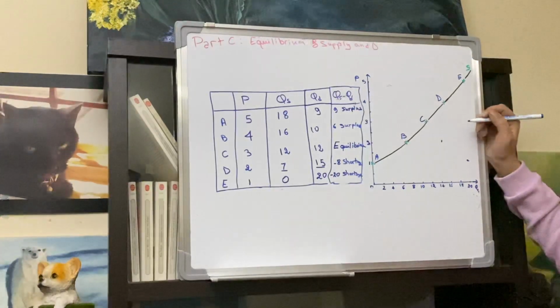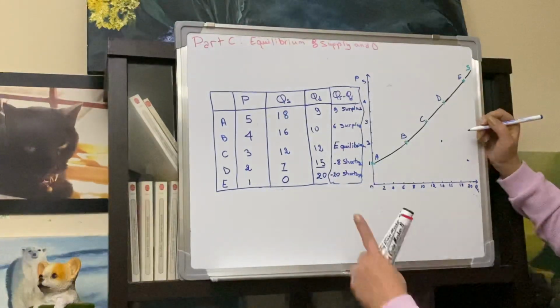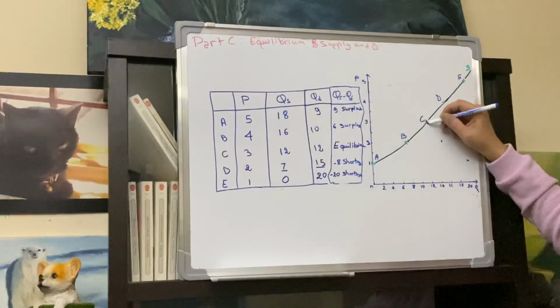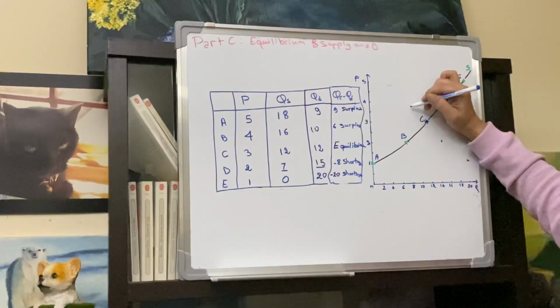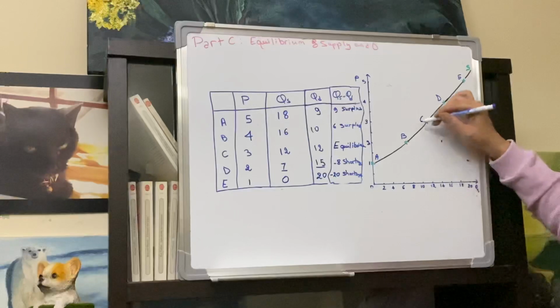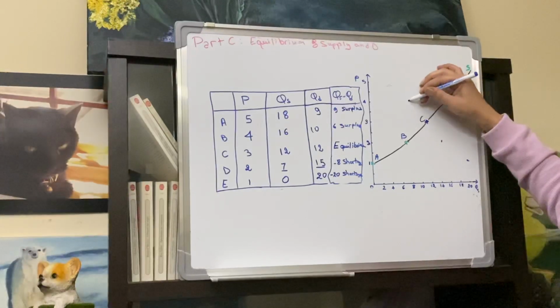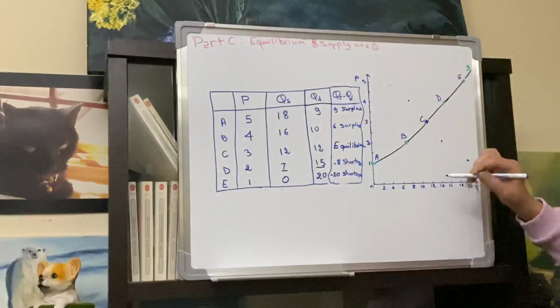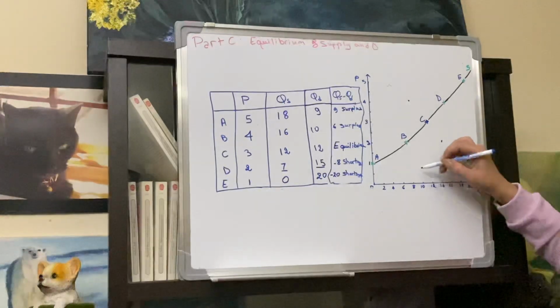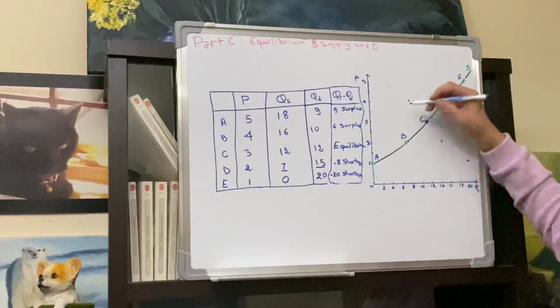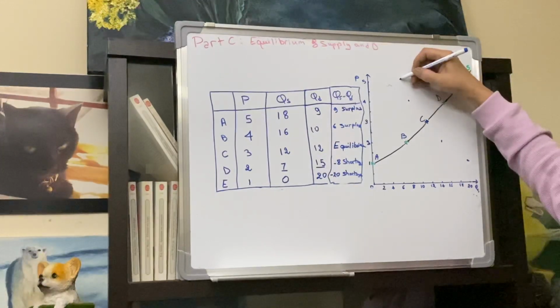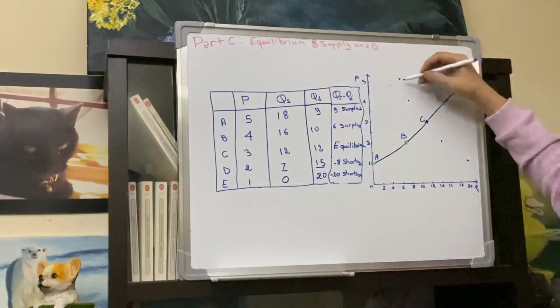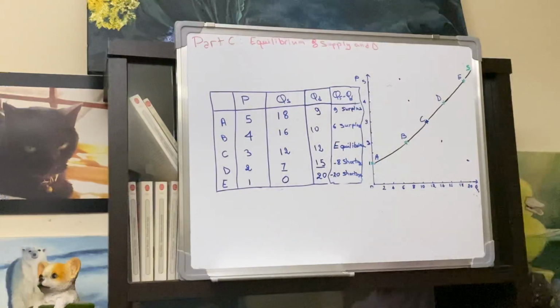Moving on, can you see? 12 is here at price 3. And then I have 10 at this level, and then I have a 9 at this level. Maybe they really need this good, roughly here. So that's my demand.